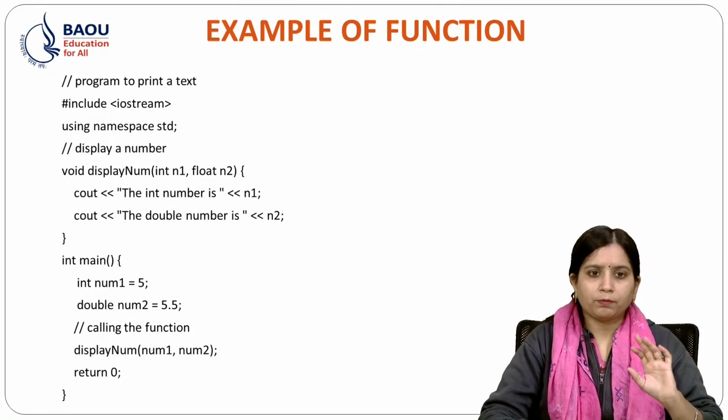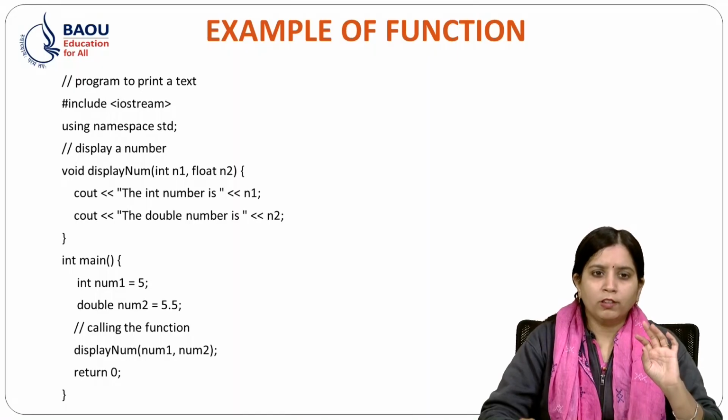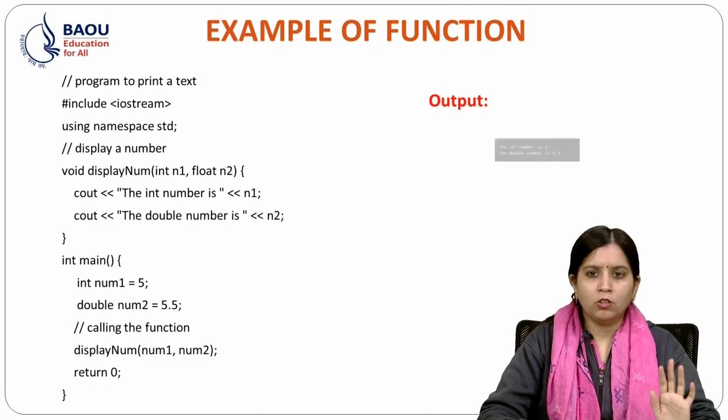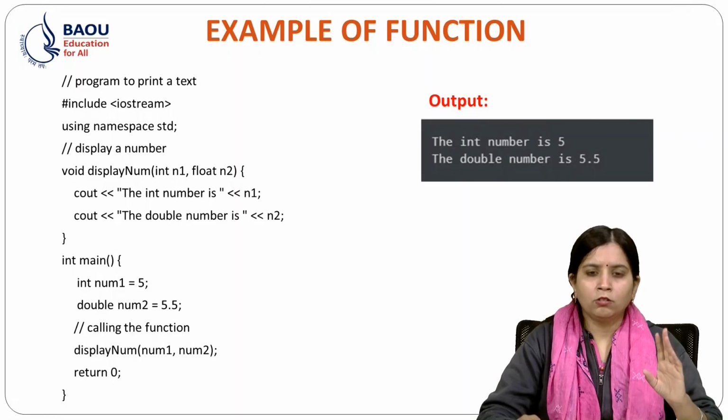Whenever I run, first in void display it prints out number 1 and the double number n2. So whenever I try to run this program, I will get this output.